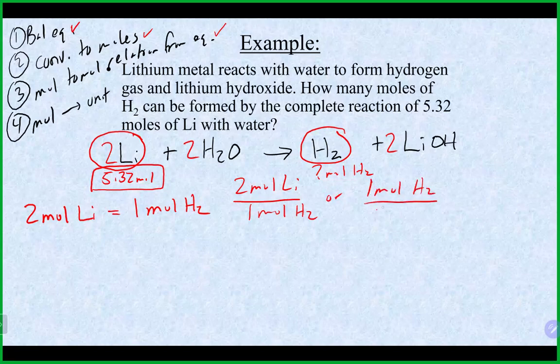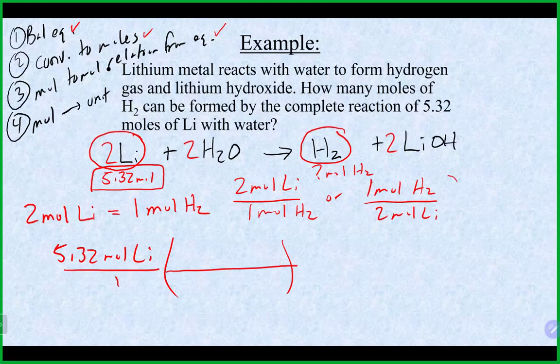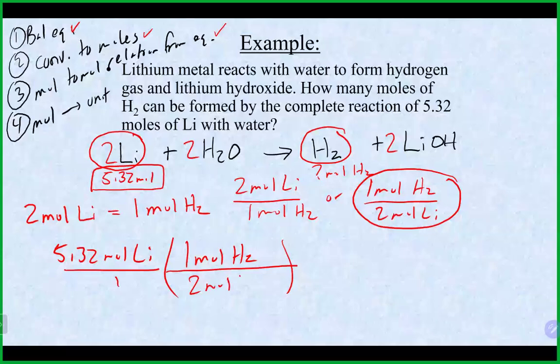So now we're ready to do a little bit of a calculation. We are given 5.32 moles of lithium. Once again, lithium's up on top and we want to get rid of it, so opposite location will do that for us. So we're going to go conversion factor on the right: 1 mole of H2 gives us 2 moles of lithium.